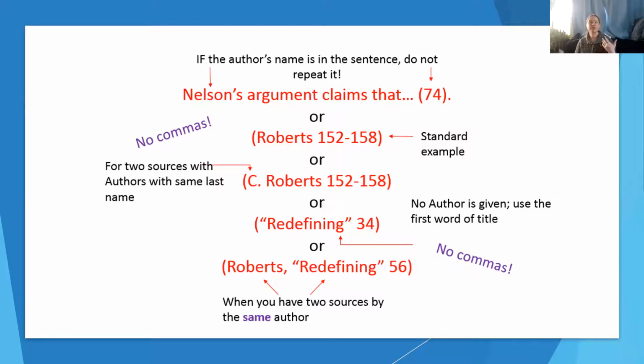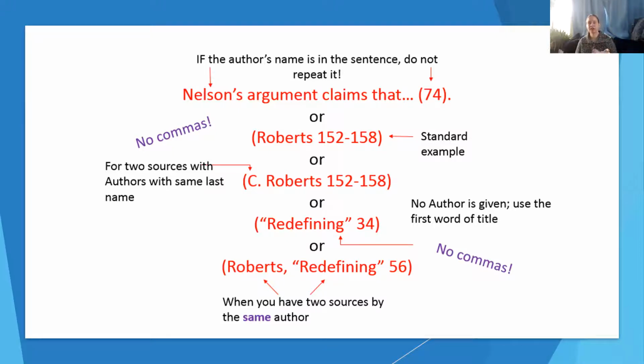If you have two sources with the author having the same last name, but it's two different authors, you're going to include a first initial. If you've got no author, you're going to use the first word of the title, first word only, not the entire title. And then if you've got two sources by the same author, this is the only spot you will have a comma for an in-text citation.